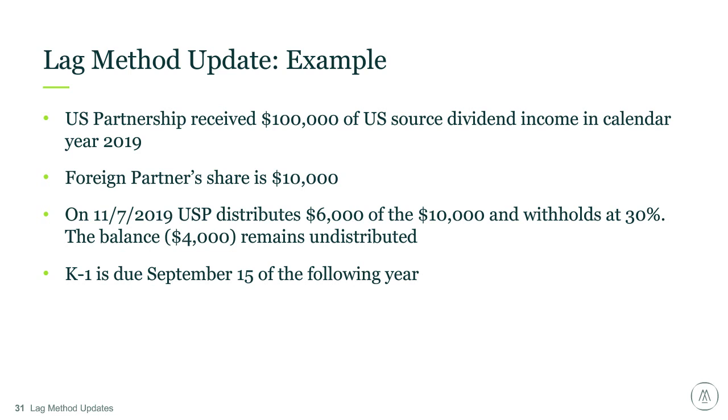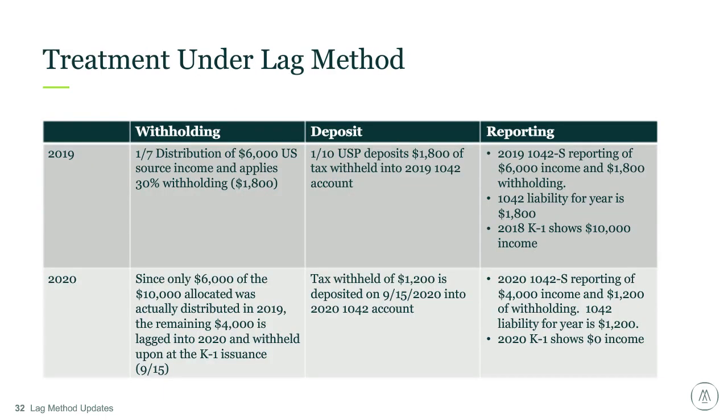There's a balance that remains undistributed, and the K-1 is due September of the following year. So essentially, under the lag method, you would report the $6,000 of distribution in your 2019 filings of your 1042 and 1042-F. The undistributed portion of the $4,000 would be triggered on the 2020 1042 and 1042-F.